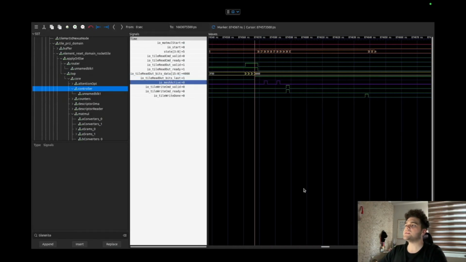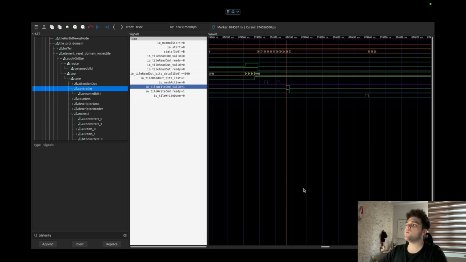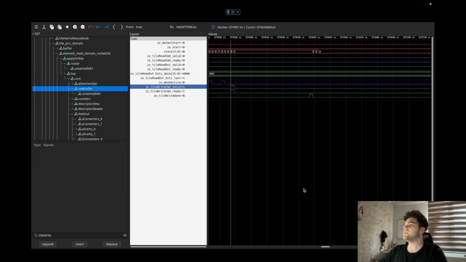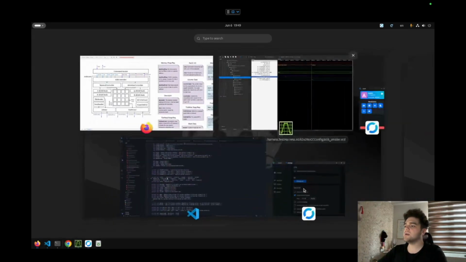IOMesh active means we are starting the Matmul, and tile write command means now we are ready to write the results to the output. So what I'm trying to say here is we have run the Matmul operations, then we are starting to write the results to the memory, and you can see here that writing is done and everything has finished successfully if you look at the logs.